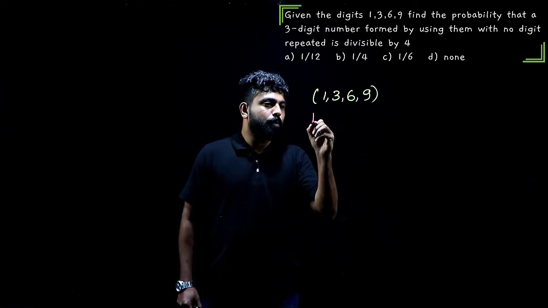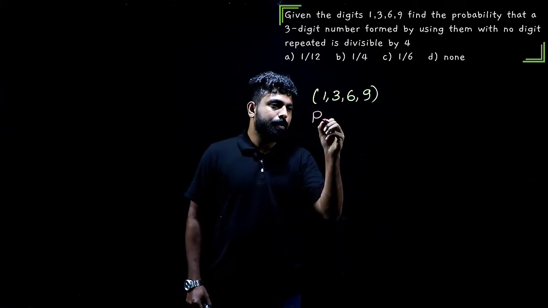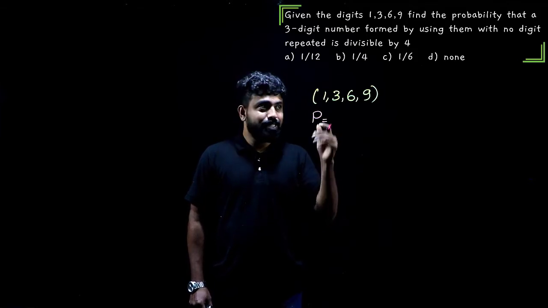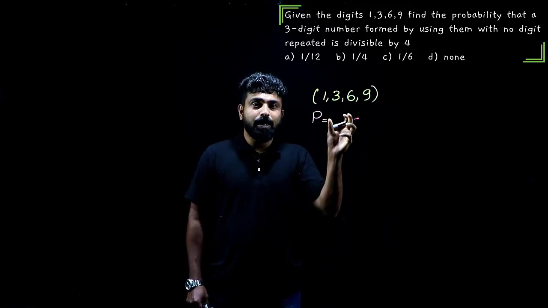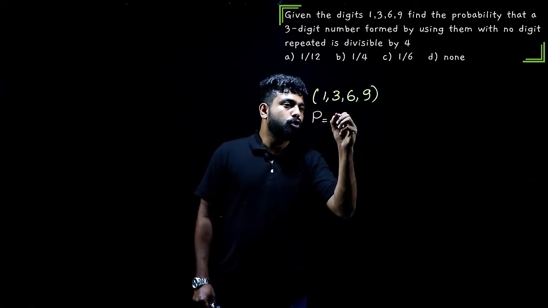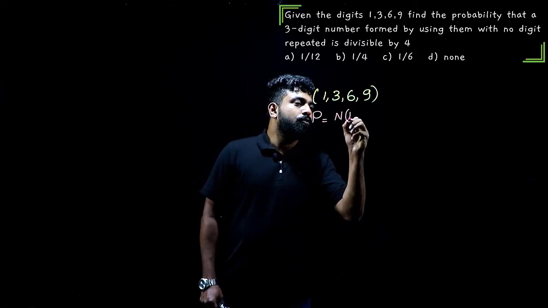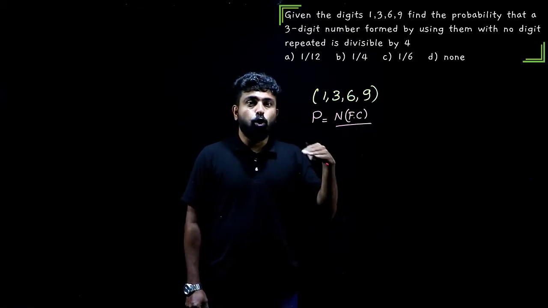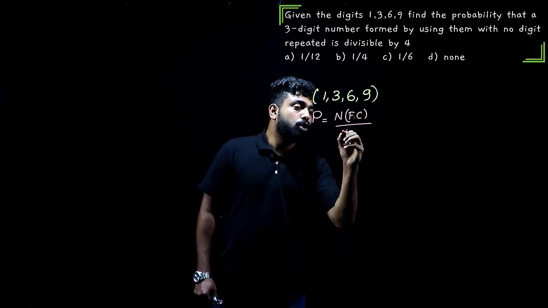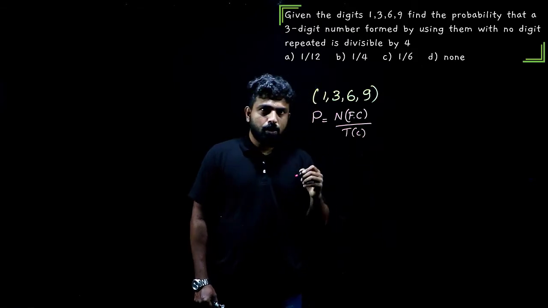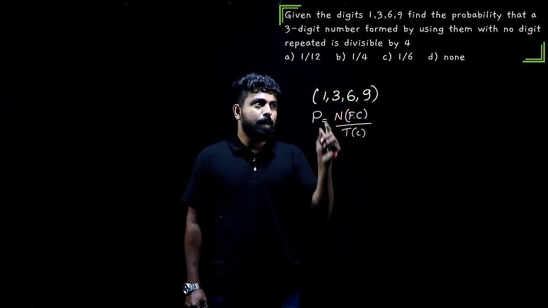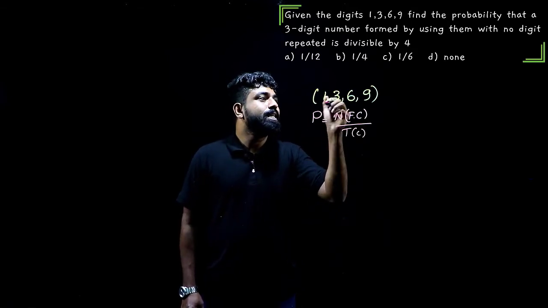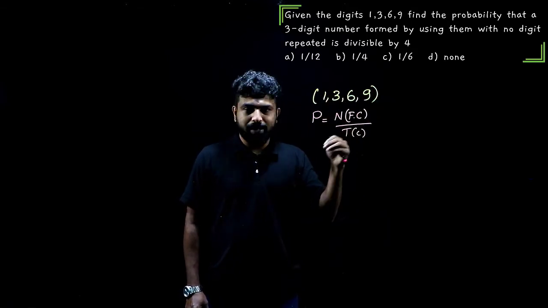Probability is nothing but number of favorable cases, favorable cases in this case being the 3-digit numbers which are divisible by 4, divided by total number of cases. What is the total number of cases here? The number of 3-digit numbers which can be formed by using these digits without a repetition.